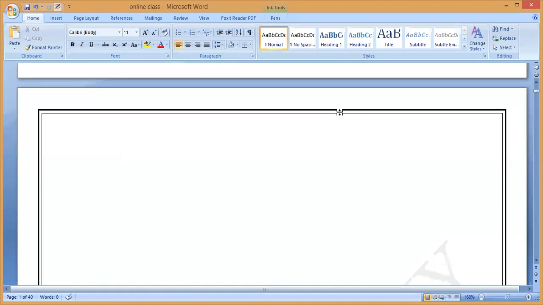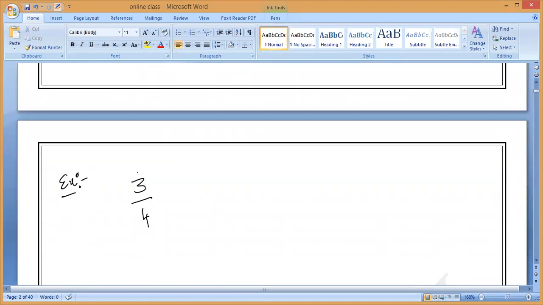Next. Say one more example for a rational number. 3 by 4. Here addition, subtraction, multiplication completed. Correct? Last one, division. Divided by any integer. Say any integer. 5.